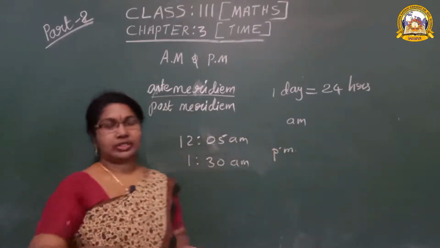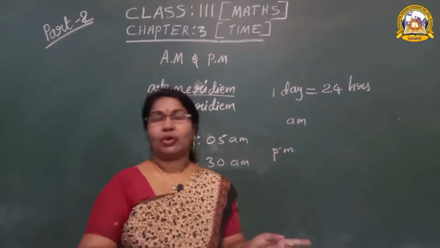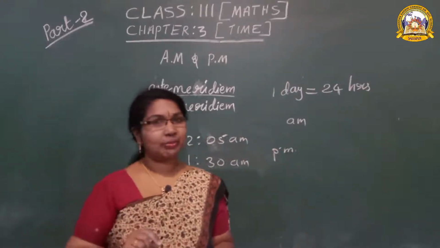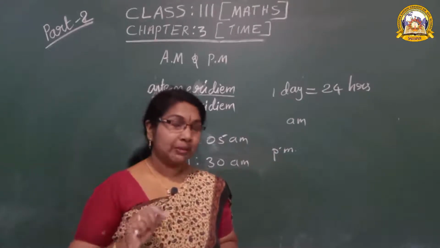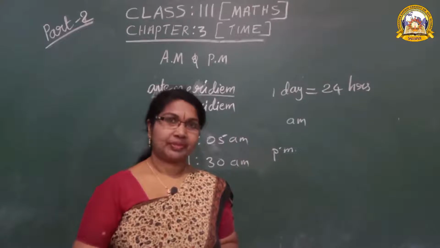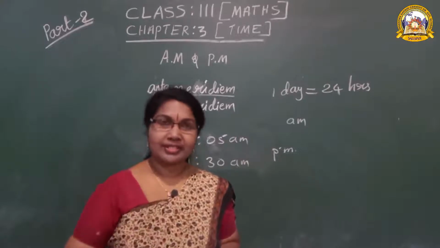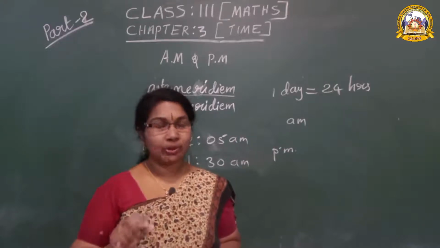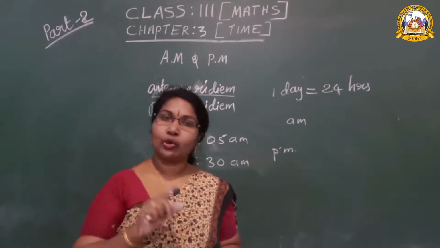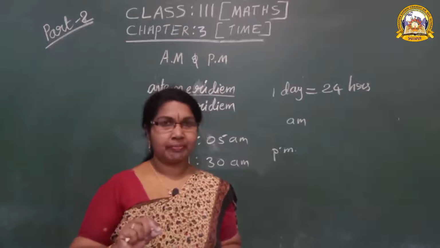Okay, I will ask some questions. In the morning you are brushing, AM or PM? AM. Then your assembly begins, AM. Or you are eating breakfast, AM. Then your last period in school, for example 8th period, 1 o'clock to 2 o'clock, it is PM.